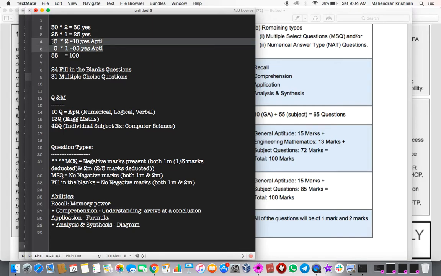If you are thorough in the Apti, then 15 marks are guaranteed, maybe 13 at most. Then in subjects, if we take less risk, and attempt MSQs and fill in the blanks, and if those happen to be correct, then we can score very good marks and easily clear the cutoff.